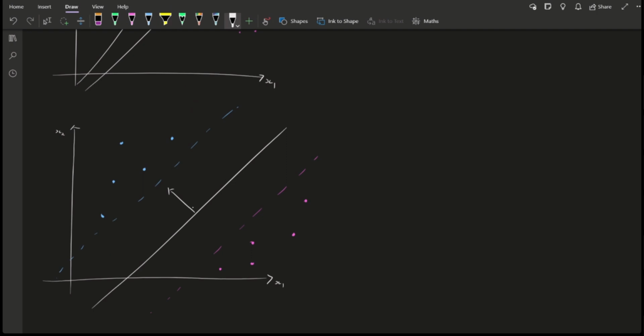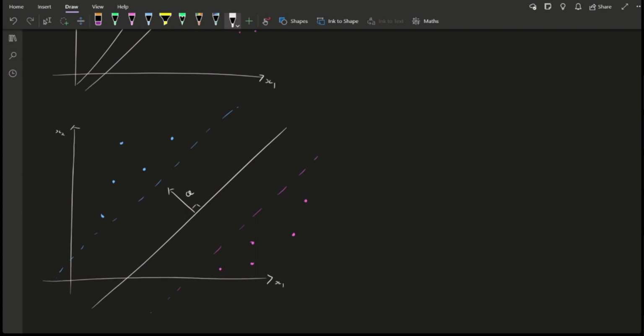Let me draw the normal vector. You can think of this decision boundary now as having two margin lines, which should be equidistant, one on the positive side and one on the negative side, and we want to keep our data points beyond the margins.